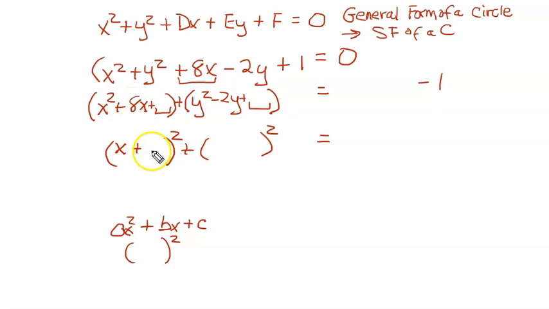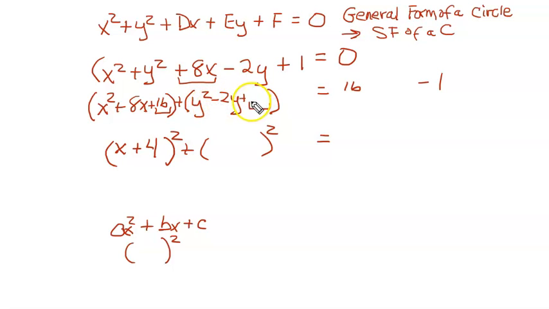Take half of it, which is 4. Now, to get our c term here, we have to square this term, which becomes a 16. But as soon as I put a 16 there, I don't have an equation anymore. But to keep it an equation, I'm going to put 16 there. So now it's still an equation.